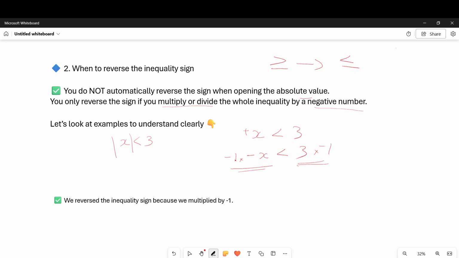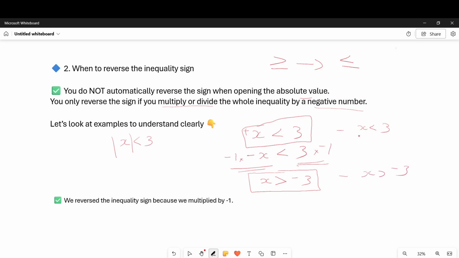Minus 1 times minus x is positive x, and the sign reverses to greater than. Then 3 times minus 1 is minus 3. See how the sign is reversed. Now in both cases the left hand side is positive x: here x less than 3, in this case x greater than minus 3.